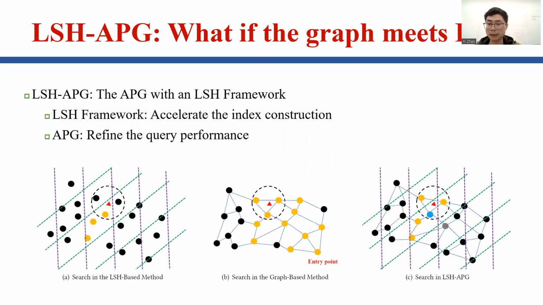So we can find that LSH-based methods are easy to build, but harder to achieve high query performance, while graph-based methods can achieve high query performance but have a much higher indexing time. So what if the graph meets LSH? We can use the LSH framework to accelerate the index construction and use the APG to refine the query performance.